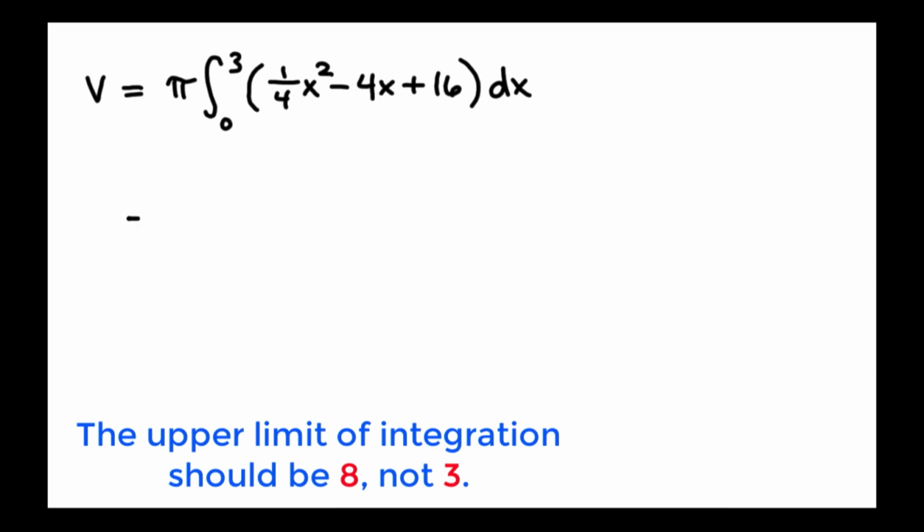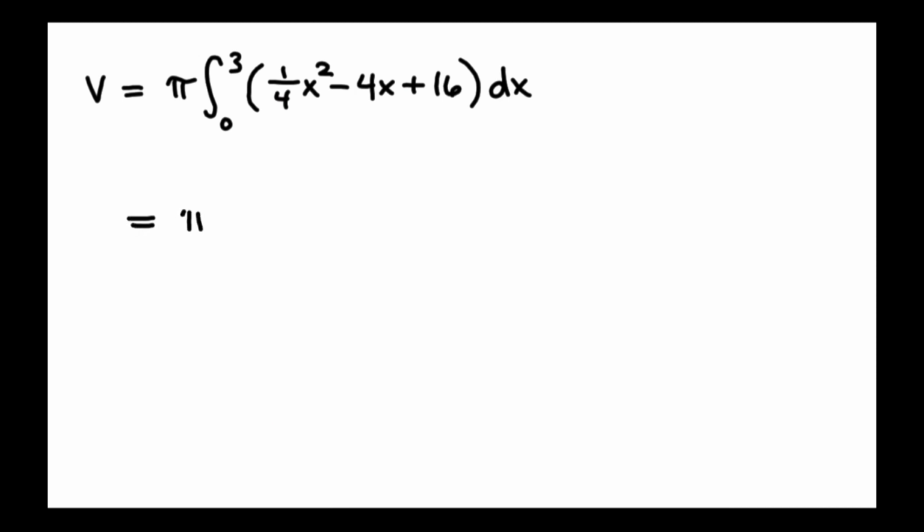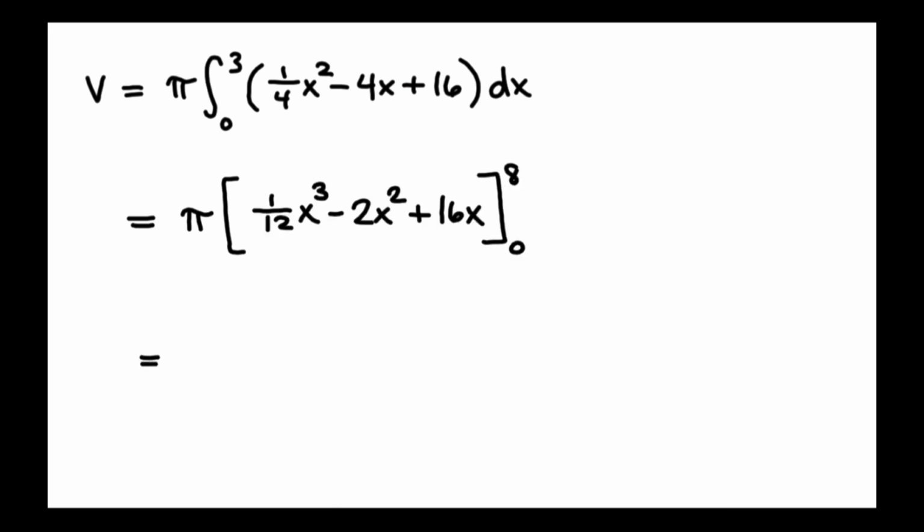Excellent. So as I integrate, the pi is still out there. 1/4 x squared is going to become 1/12 x to the third, and then we'll have minus 2x squared plus 16x, going from 0 to 8. All right, plugging the 8 in, we're going to end up with 8 cubed, which is 512.